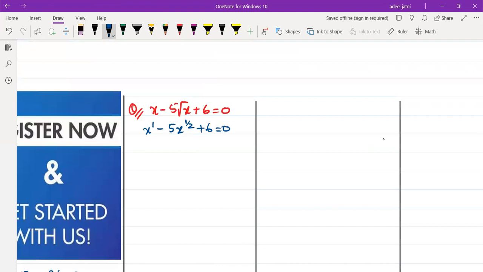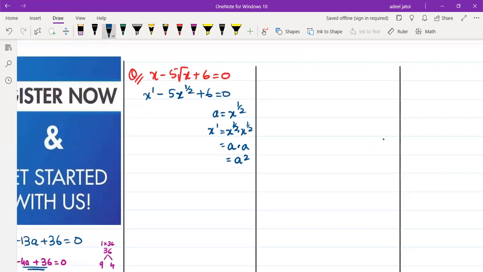So I can take a as x to the power half. In x to the power 1, we have x to the power half multiplied by x to the power half. When bases are the same, powers are added. So this can be written as a squared. So x minus 5 x to the power half plus 6 is equal to 0 can be written as a squared minus 5a plus 6 is equal to 0.